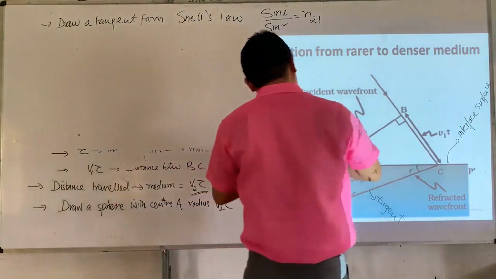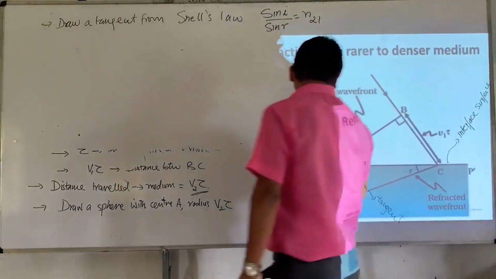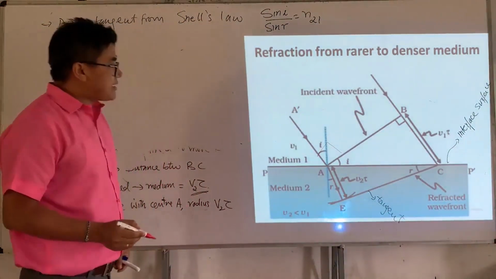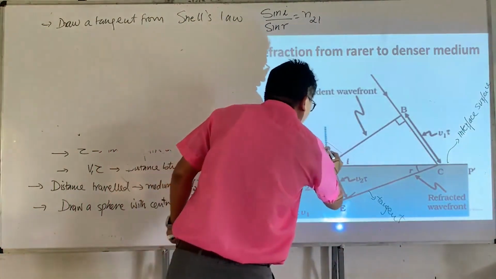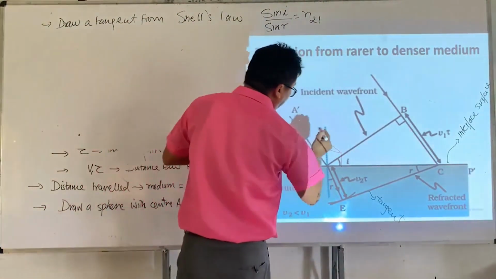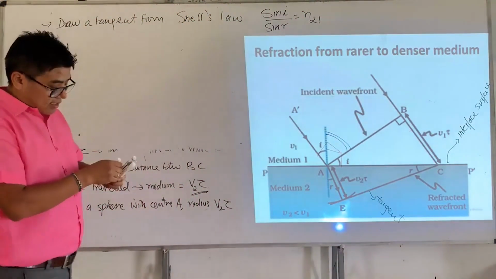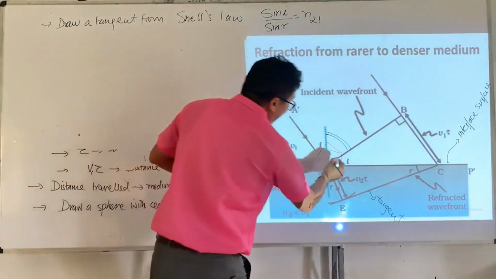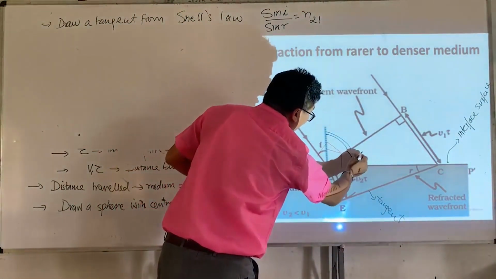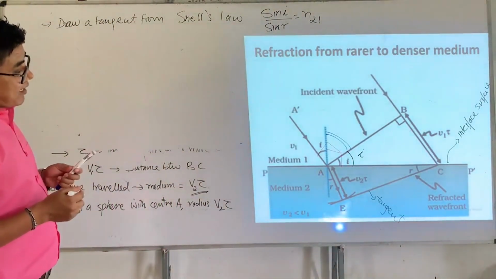I say this is 90 degree, and this is a normal line, 90 degree, and this angle is a common angle. Therefore this angle is going to be angle I, which is written here.